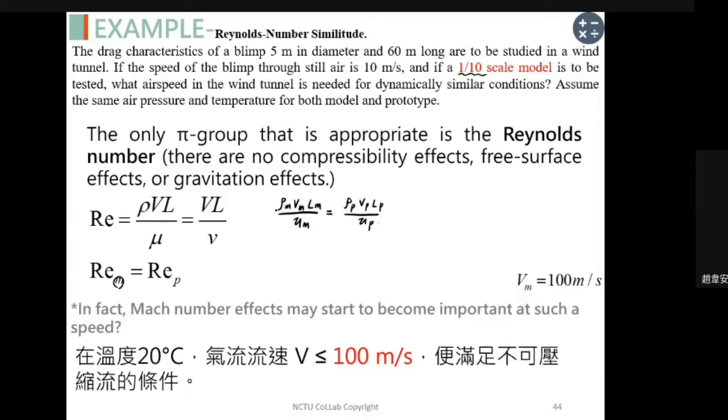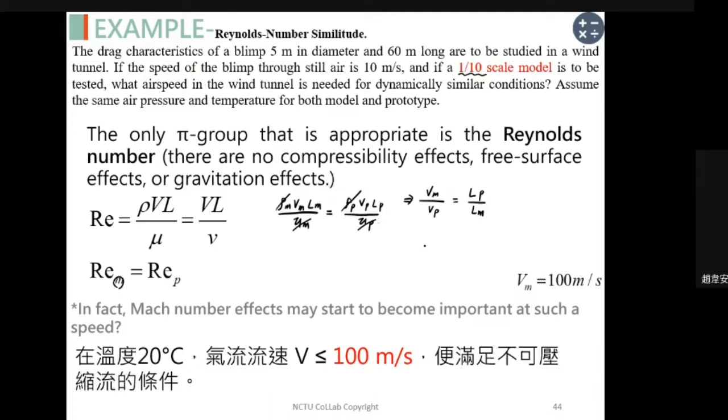So the density is the same between the model and the prototype, and at the same temperature and pressure, the viscosity is also the same. So finally, we know that V_m, the velocity in the model, divided by V_p, the prototype velocity, equals L_p divided by L_m.